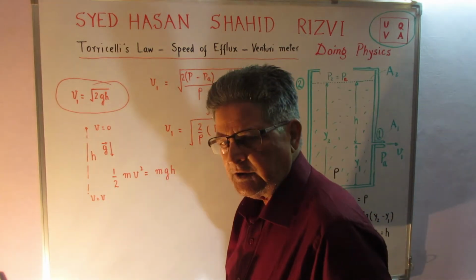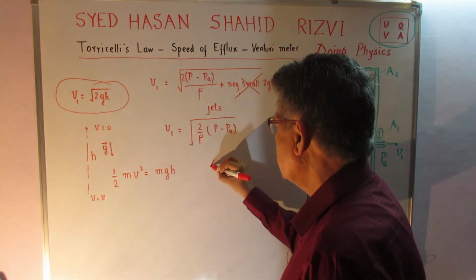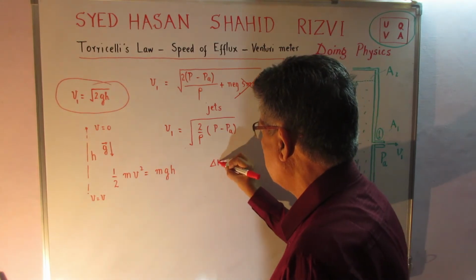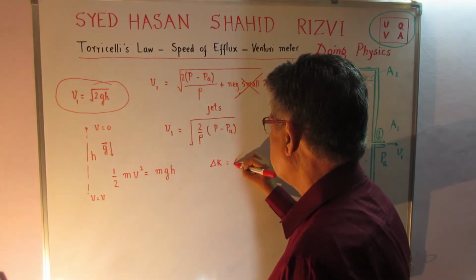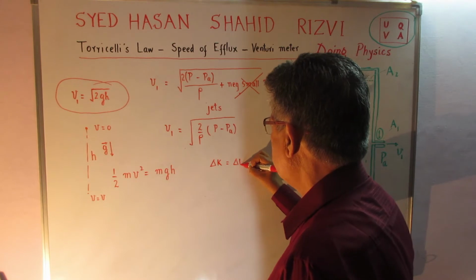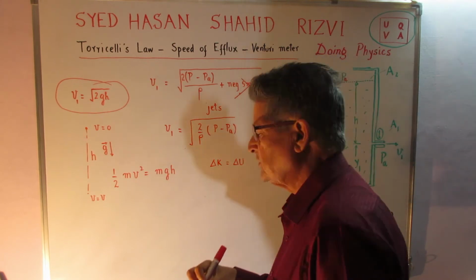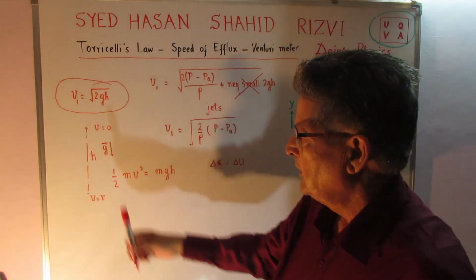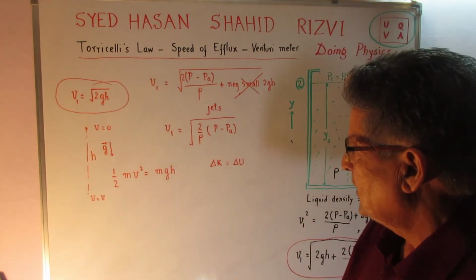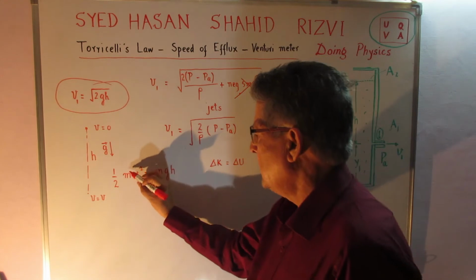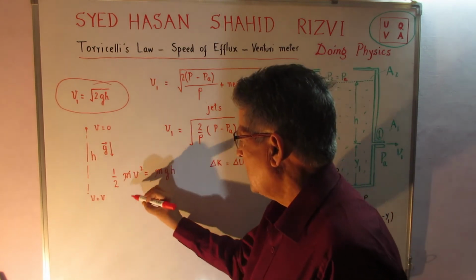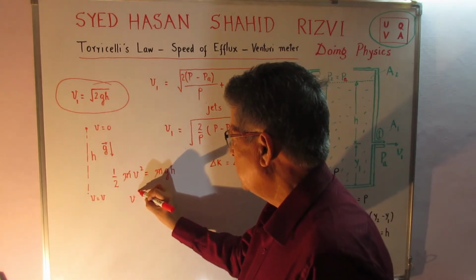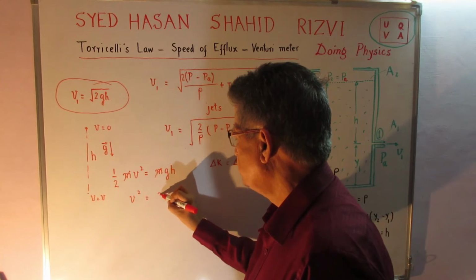Okay, that is the principle of delta kinetic energy. Delta K is equal to delta U. The difference in the kinetic energy of the two levels is equal to the difference in potential energy of the two levels by virtue of the difference of position. So m and m cancel out, and I find that v square is equal to 2gh.